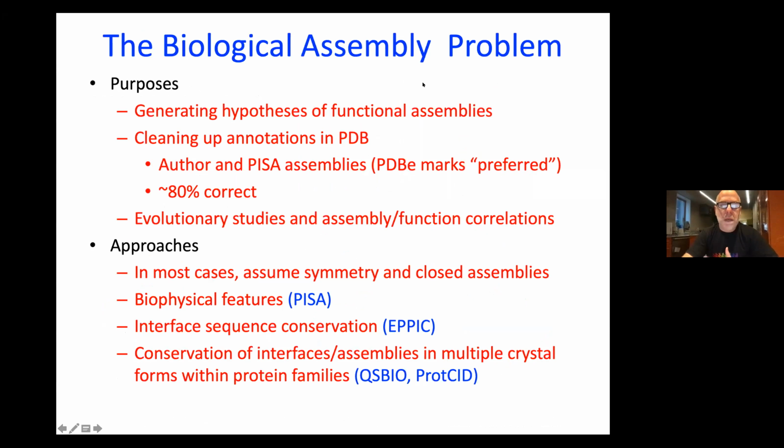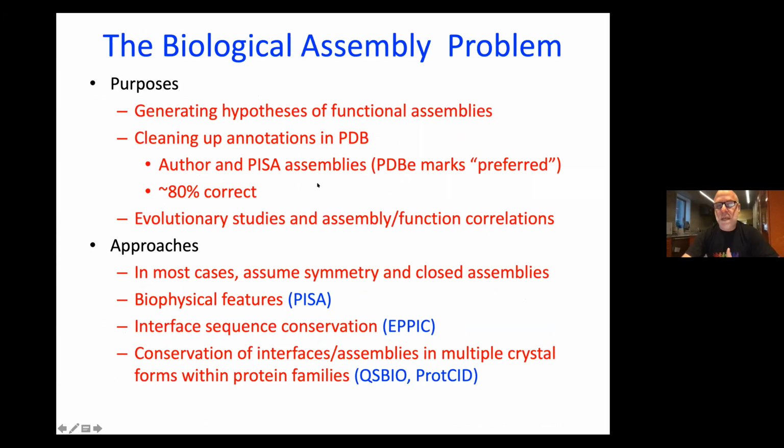And what were the purposes of doing that? One is to generate hypotheses of functional assemblies, maybe a case where it's a weak dimer and we don't know what the correct assembly is. But also cleaning up annotations in the PDB. The PDB has annotations from authors and also from PISA. And the PDBe actually marks a certain assembly as preferred with some data from QS Bio from Emmanuel's group.